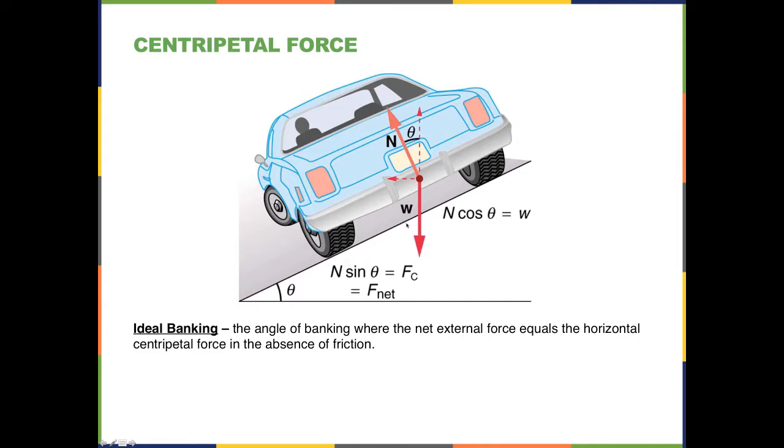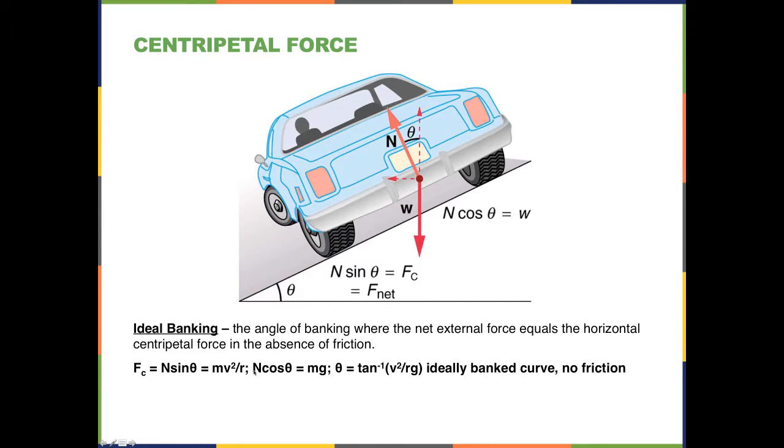So ideal banking is the amount of centripetal force necessary to prevent that slide from occurring. What you see here is that this force is going to be equal to n sine theta, due to the weight of the car, and that has to be equal to the centripetal force. For those two to be equal, this angle has to be a certain amount. That's the ideal banking.